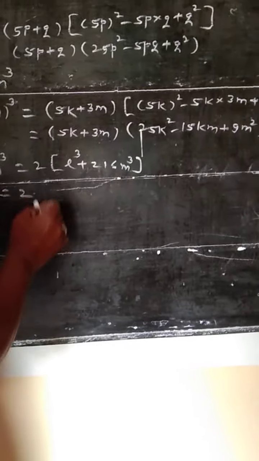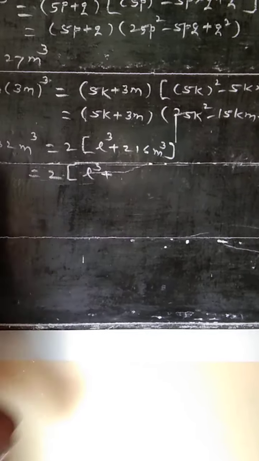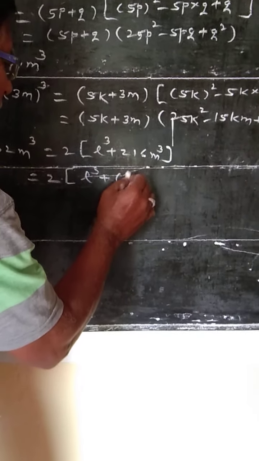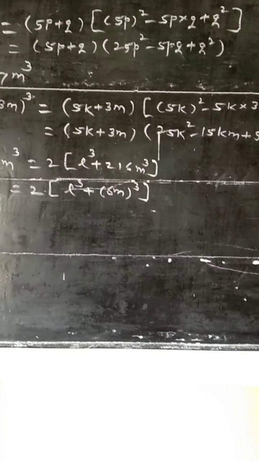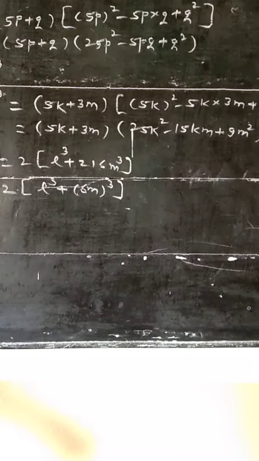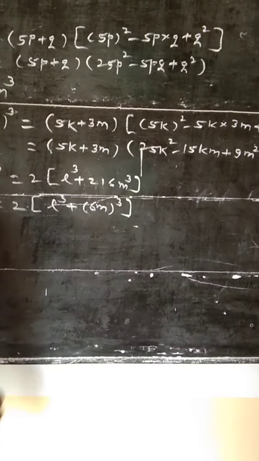Only factorize this, the 2 as it is. l cube plus 216m cube is the cube of (6m) bracket cube. The cube of 6 is 216, the cube of 5 is 125. Therefore the cube of 6 is 216.